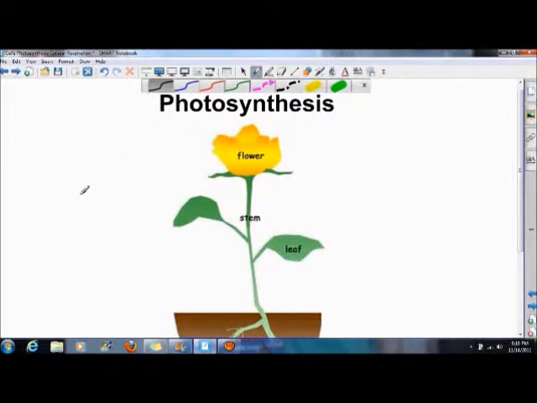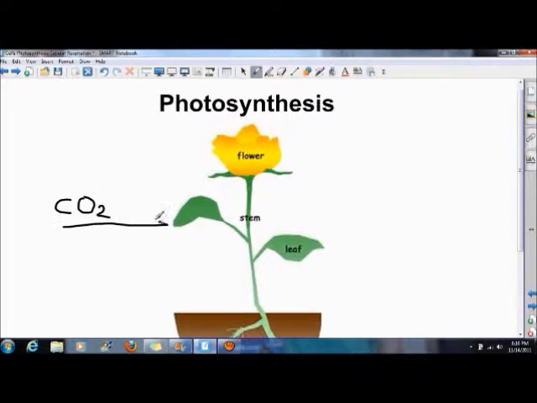Remember, during photosynthesis, plants are going to take in carbon dioxide, which, let's just start abbreviating, it's a lot simpler, CO2. So they're going to take that in. Draw some arrows, coming in. They're also going to take in energy from the sun. So up here in the corner, let's draw a sun. And the plant's going to take that in.